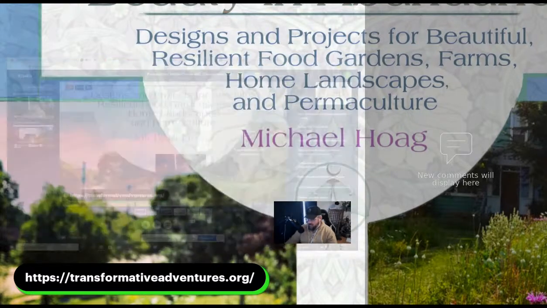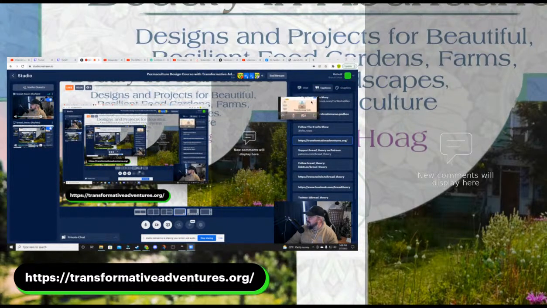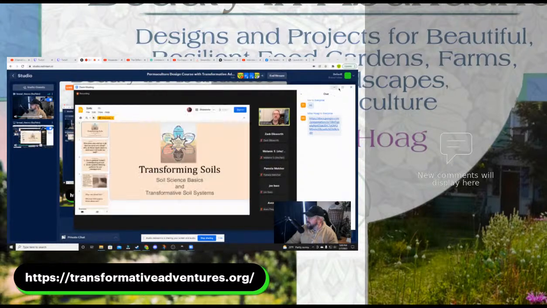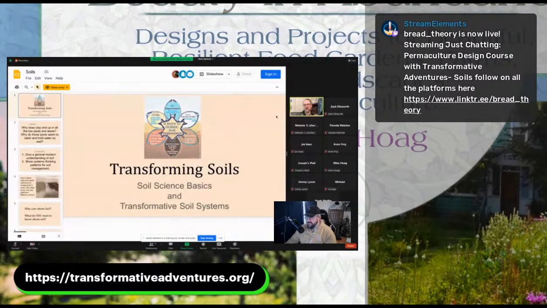Fun stuff here. As we see here, we're going to be talking about transforming soils. We're going to cover some soil science basics. By the way, what does that mean? To me, when we start talking about soil science basics, what's really important is this thing we've talked about a lot in this class, the 80-20 principle, right?